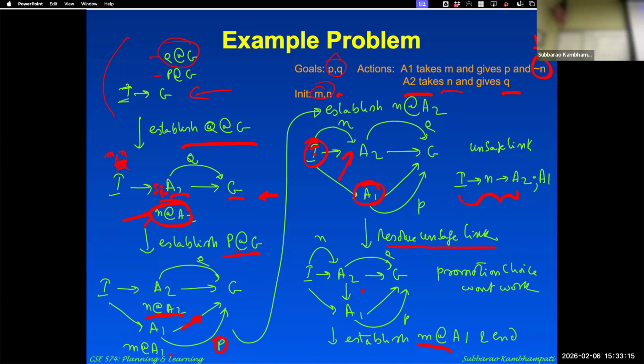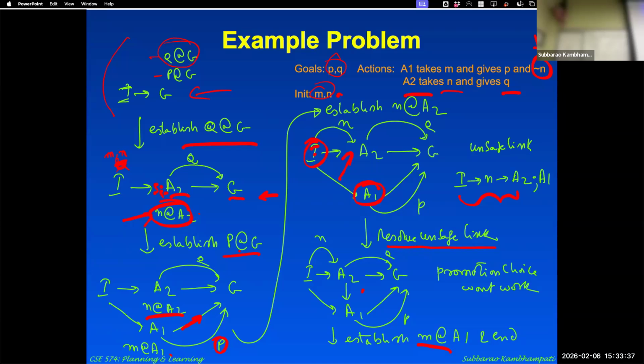Yeah, okay. So this is the interesting part about least commitment. You may have looked at this problem and with a couple of steps of thinking, you will realize that eventually A2 has to come before A1. But the planning is actually getting you to do that.